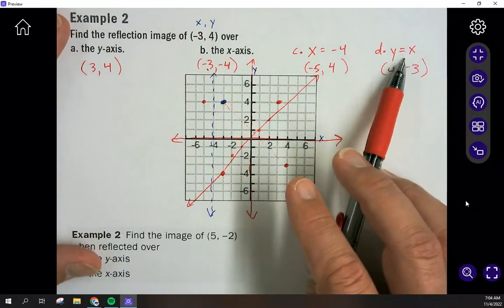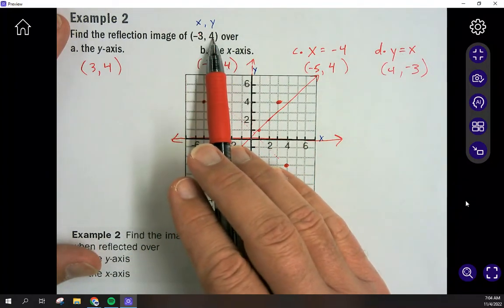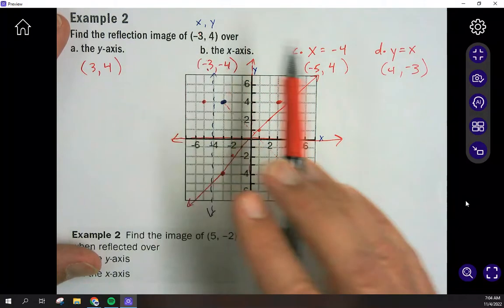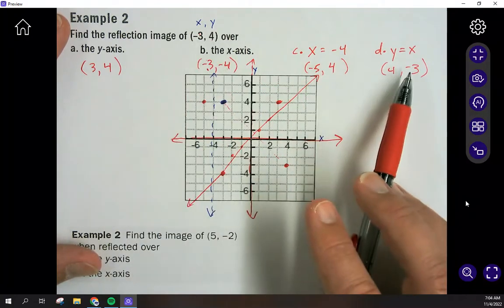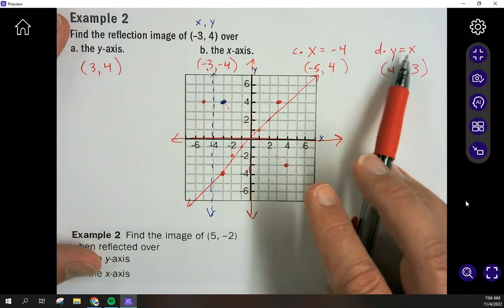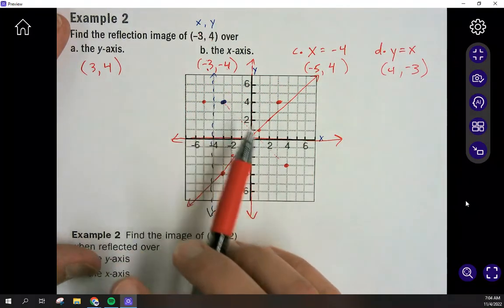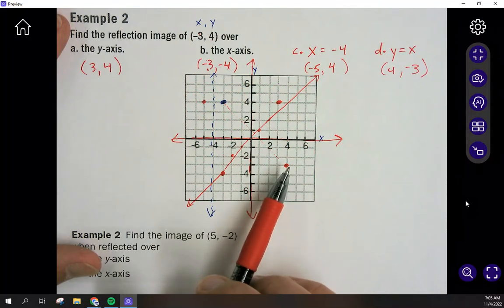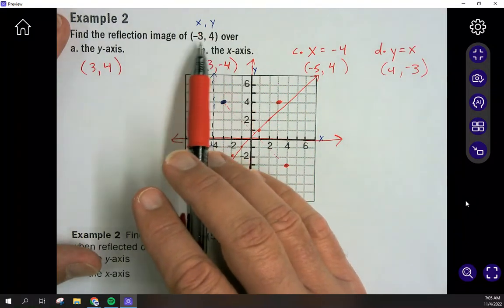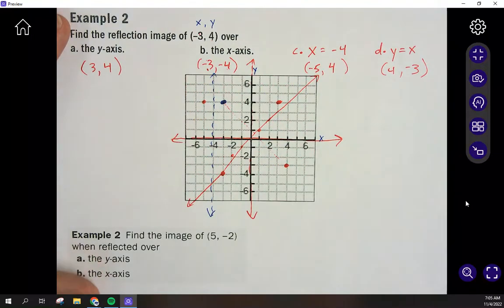This is another special one. If you notice, the x and the y value just flip spots. 4 became the x, negative 3 became the y. So when you reflect over this special line, y equals x, it goes to the diagonal quadrant over here. And what ends up happening is your two values just flip spots.